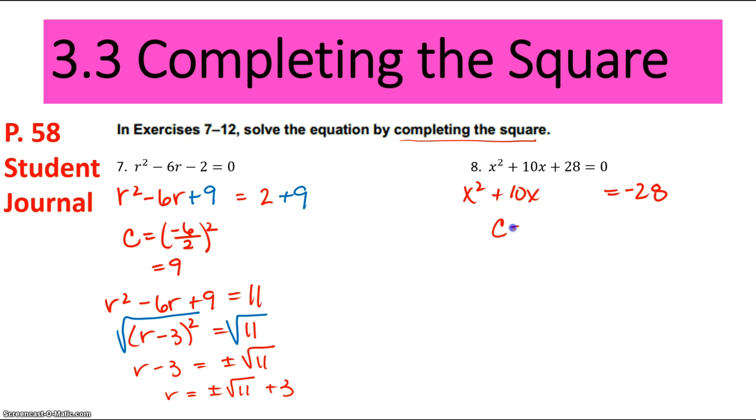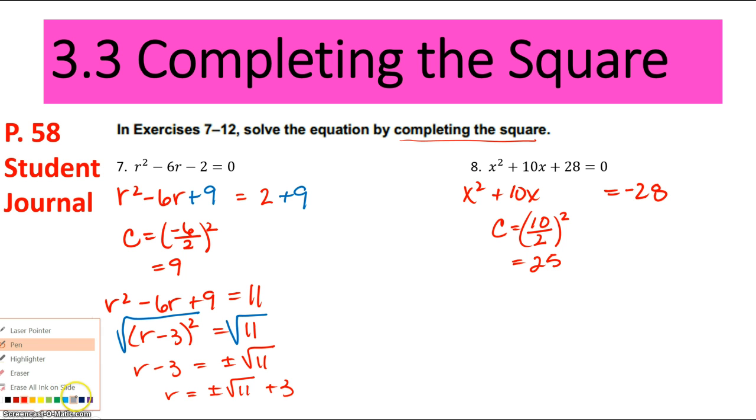So c equals 10 divided by 2 and square it. 10 divided by 2 is 5, squared is 25, which means that I'm going to add 25 on the left, add 25 on the right.